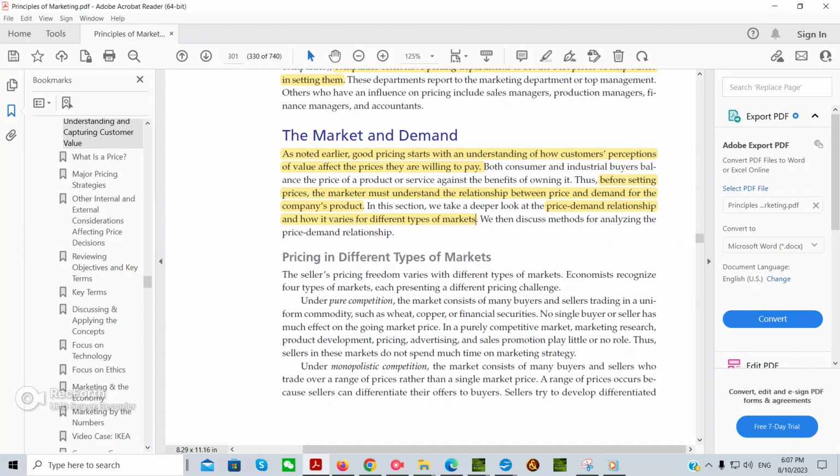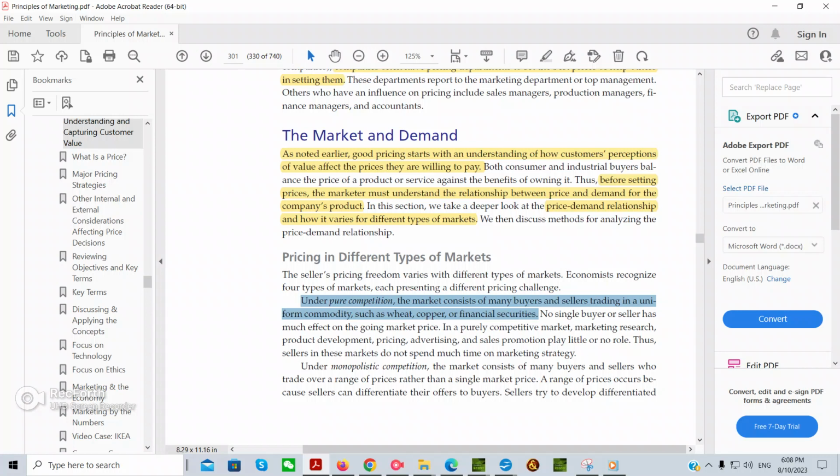So let me give you the explanation in addition to what I'm saying, and I'll give you what the book is also explaining. This is pricing in different types of markets. The seller's pricing freedom varies with different types of markets. Economists recognize four types of markets, each presenting a different pricing challenge. Under pure competition, the market consists of many buyers and sellers trading in a uniform commodity, which means something of value, such as wheat, copper, or financial securities.